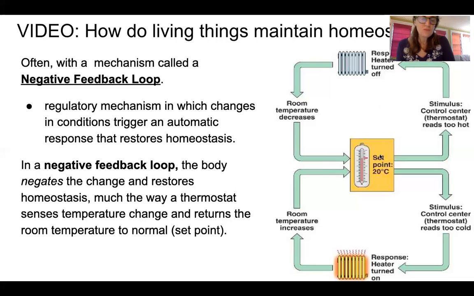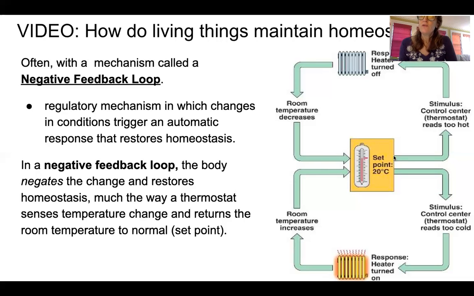So both responses negate the change, but in different ways. And in order to maintain that set point of 20 degrees Celsius, this feedback loop is constantly moving back and forth between turning the heater on when the temperature falls too low and turning the heater off when the temperature reads too high, in order to maintain that set point temperature around 20 degrees Celsius.